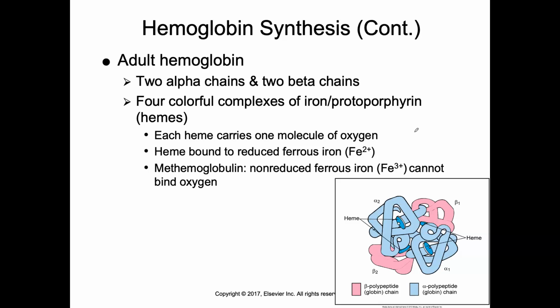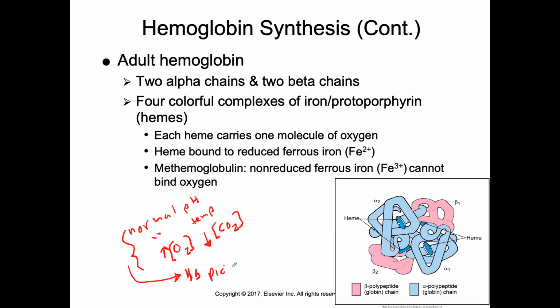So the idea here is that under conditions of, let's say, normal pH, normal body temperature, high oxygen concentration and low CO2 concentration, hemoglobin, Hb, that big H little b, picks up oxygen easily. And these are the conditions in the lungs.